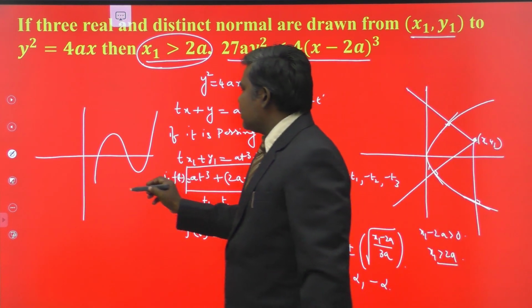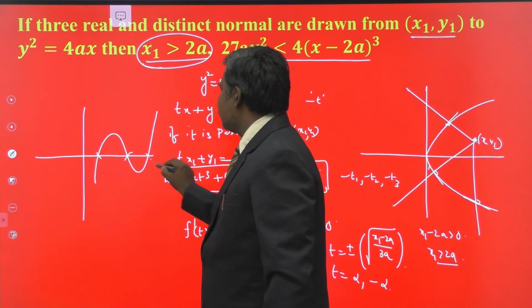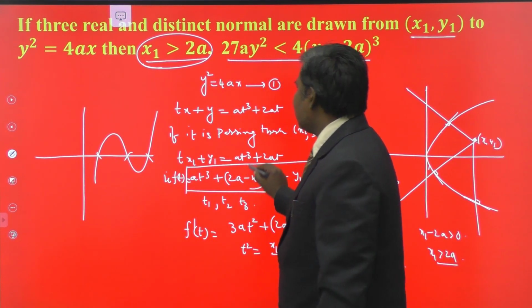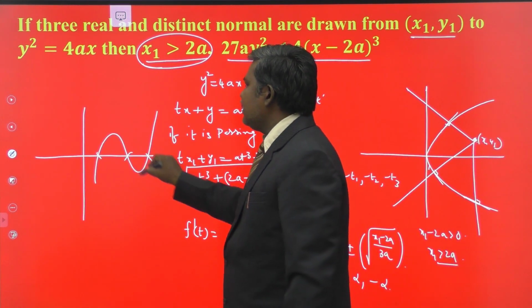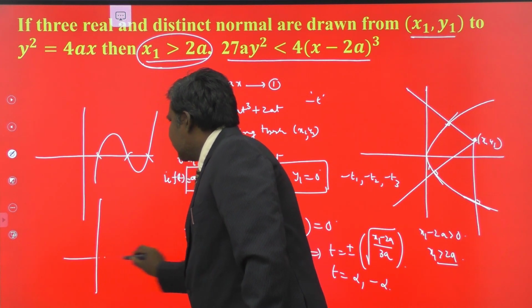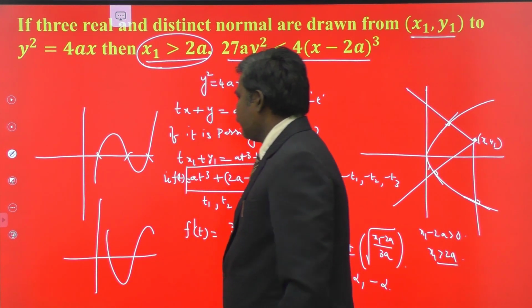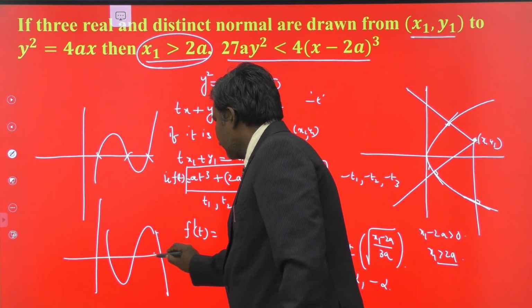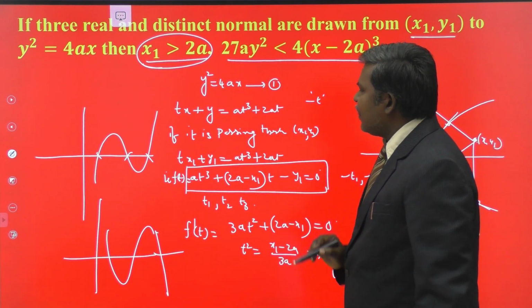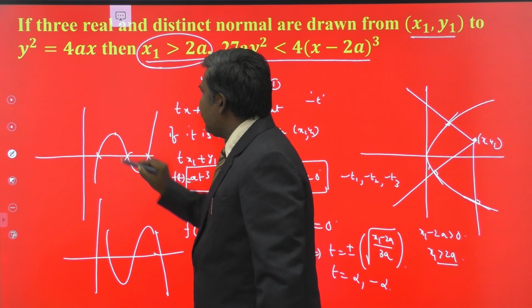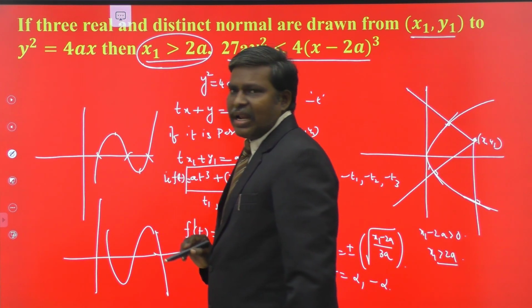So why am I writing in this manner? These are the three roots. t1, t2, t3 are the roots of this equation, real and distinct, happening only in this case or maybe in this case. These are the 1, 2, 3 roots. These are real and distinct. That means we have one local minimum and one local maximum.